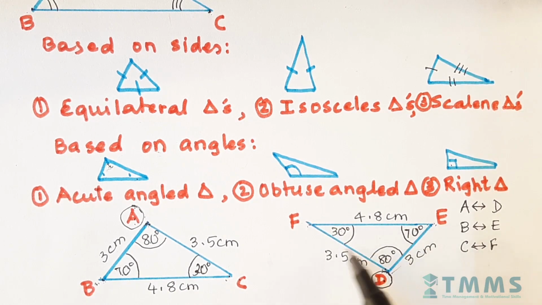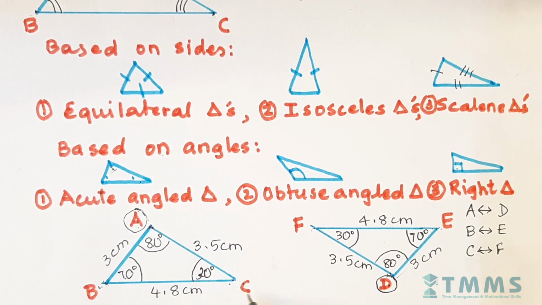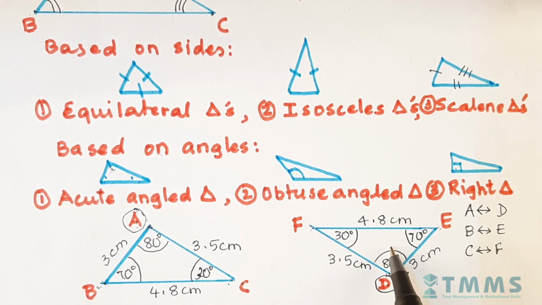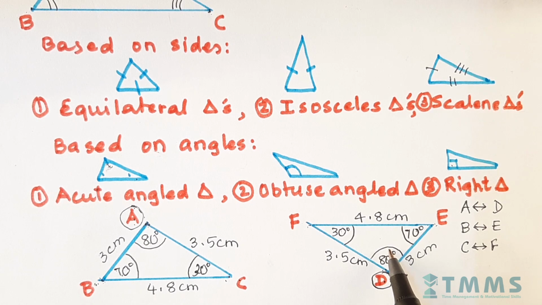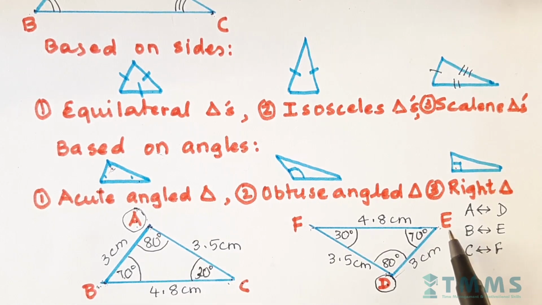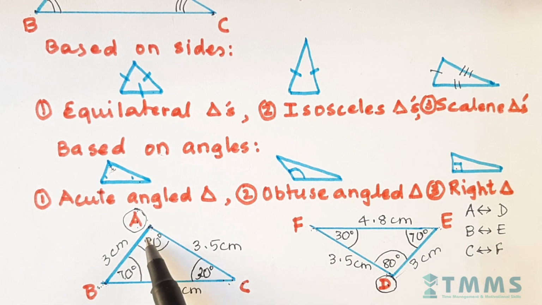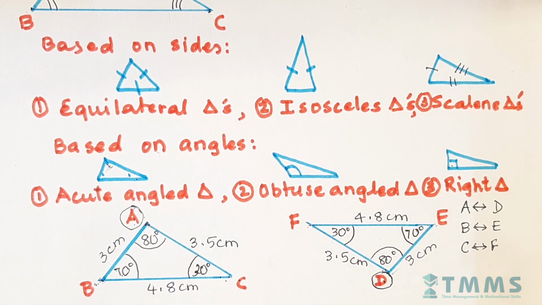Can you see that? These two triangles, as you can see, they are of the same size and the same shape. And if I cut this out, triangle DEF, and place it on top of this triangle so that D falls on A, E falls on B, and F falls on C, then exactly this triangle will be fitting on top of this.